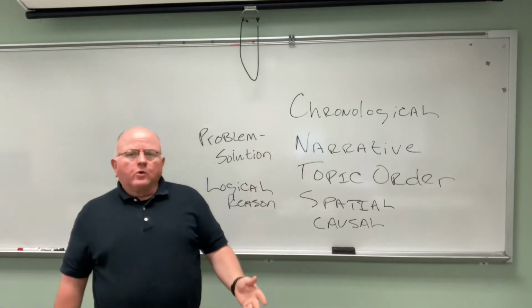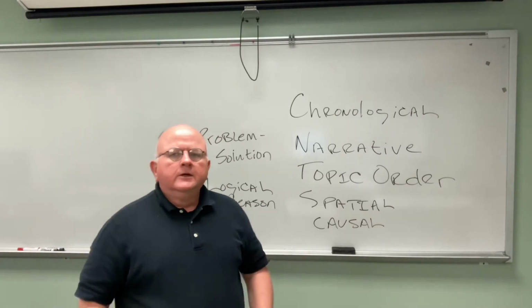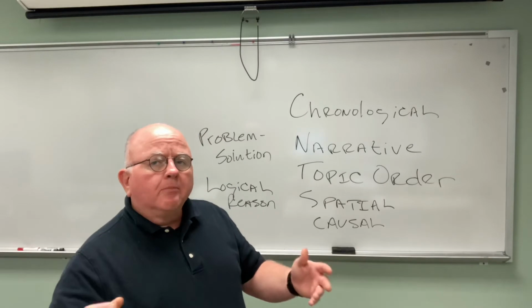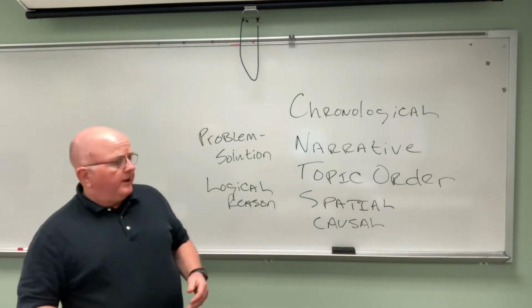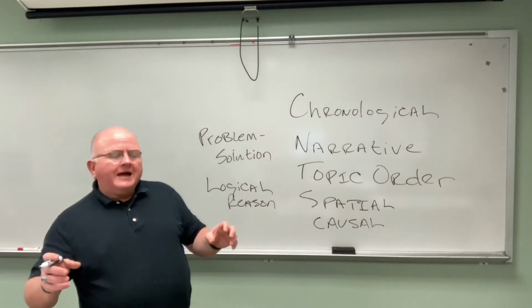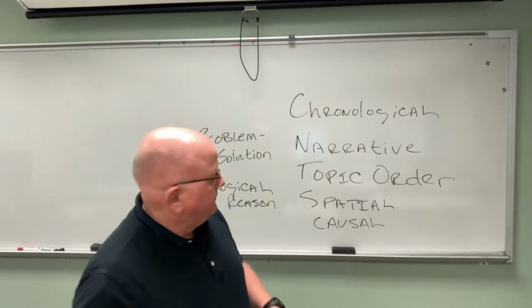Narrative, tell a story involving plot, conflict, characters, settings. Because of narrative theory, people remember stories better than they do random facts. Topic order. Something broken down by division, by their natural divisions.